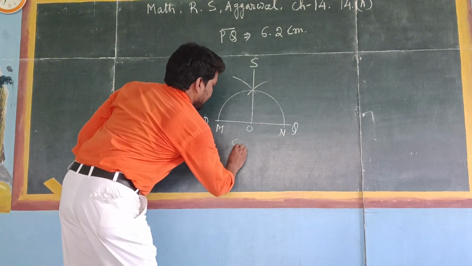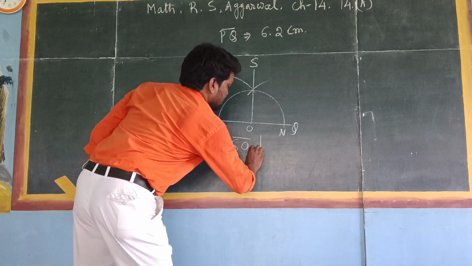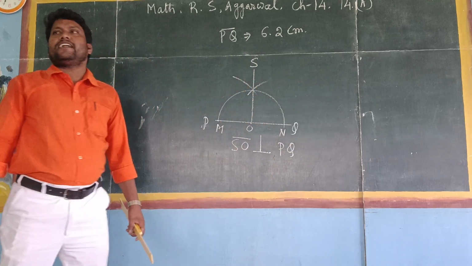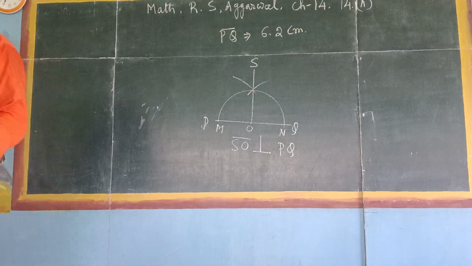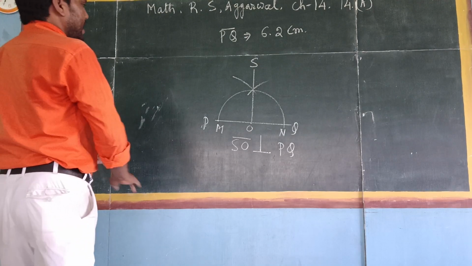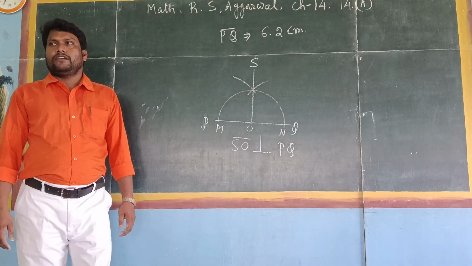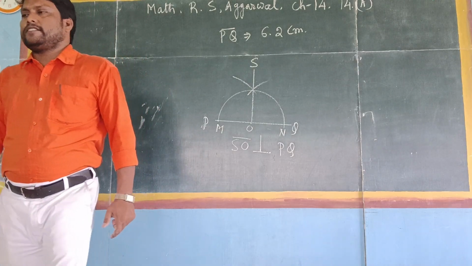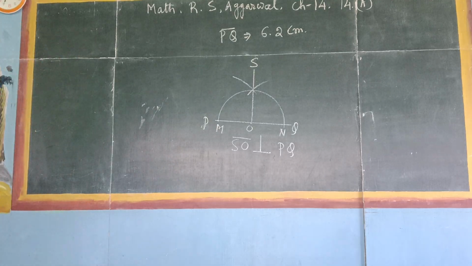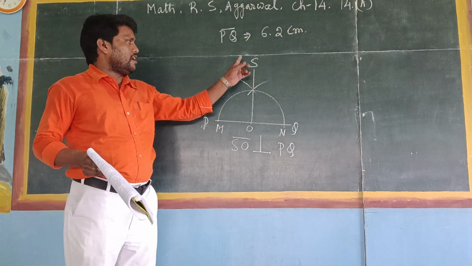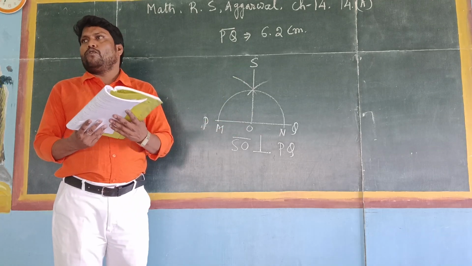So SO is the perpendicular bisector of PQ. This is the second method. So as you like, whichever is easy, you may use any method. This is a line segment PQ that is bisected by the perpendicular line SO.